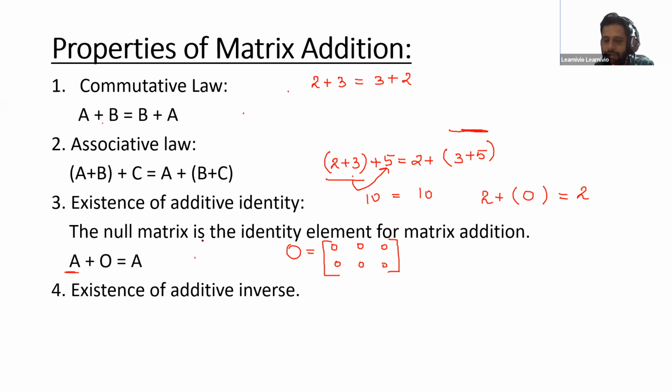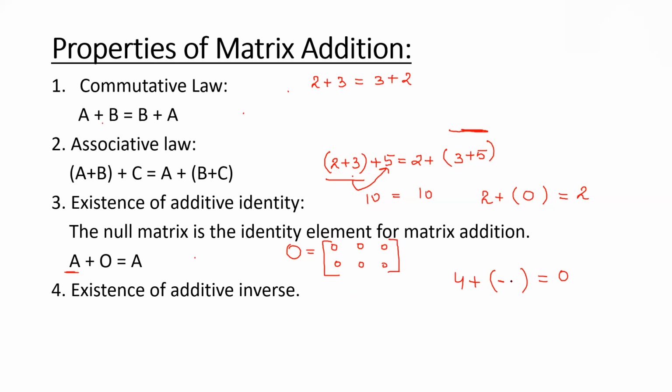So this was the third property. Next is additive inverse. What is meant by additive inverse? For example, if we have a 4, what will we add to this 4 so that we will get 0? Can anyone tell me? Minus 4. Perfect.